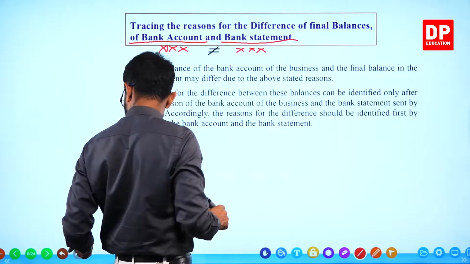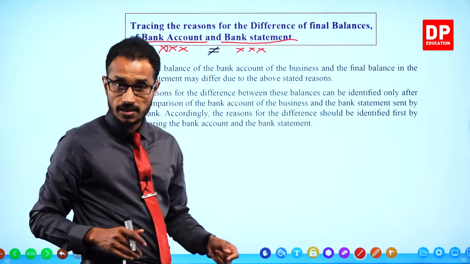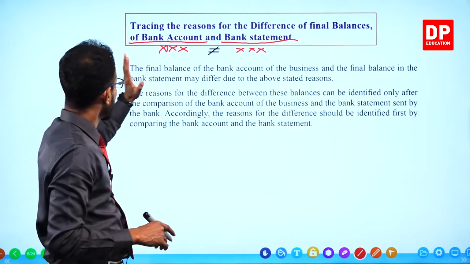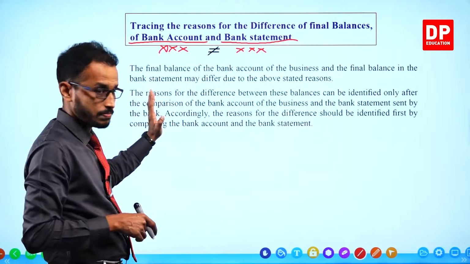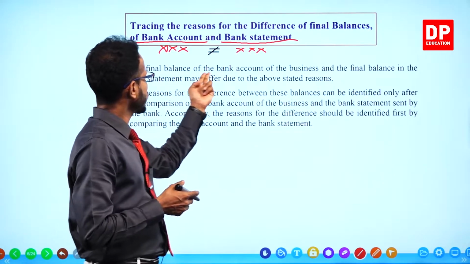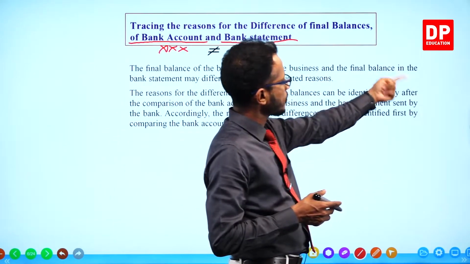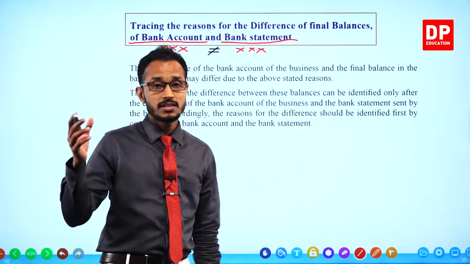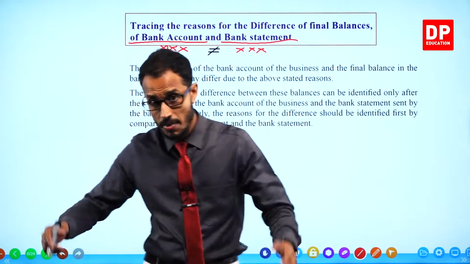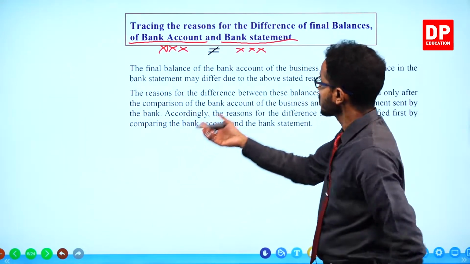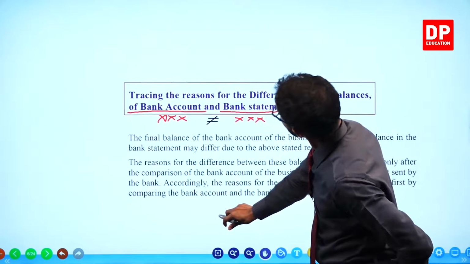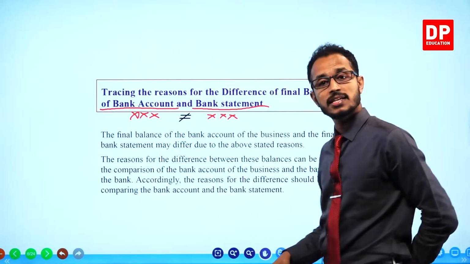Right. So having said that, children, I'm going through the text very quickly, and I'm going to ask you a question. The final balance of the bank account of the business and the final balance of the bank statement may differ due to the above reasons. Due to the above reasons? What above reasons? Where? Do we have anything above? I can't see anything.